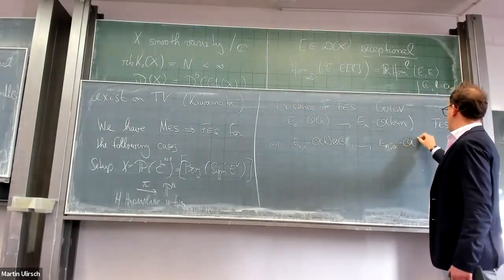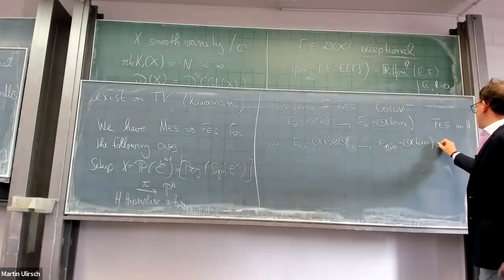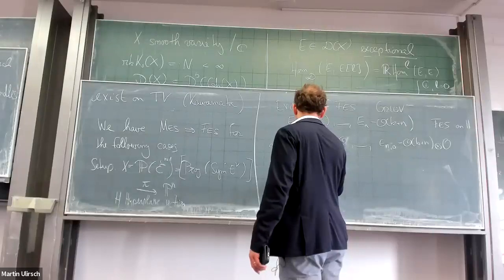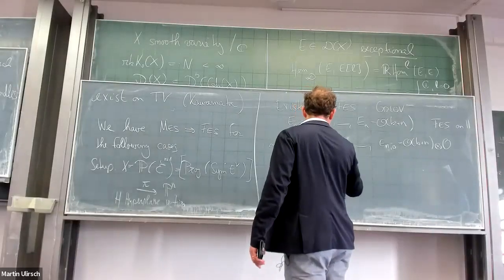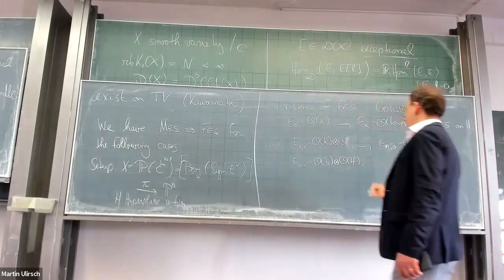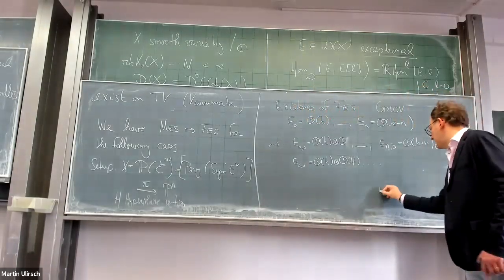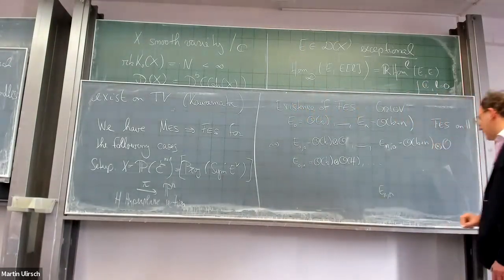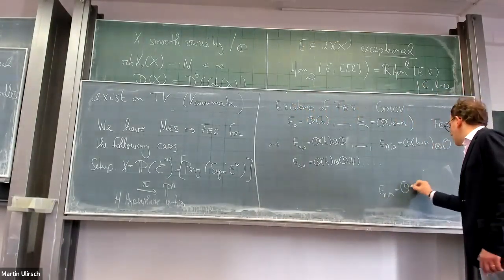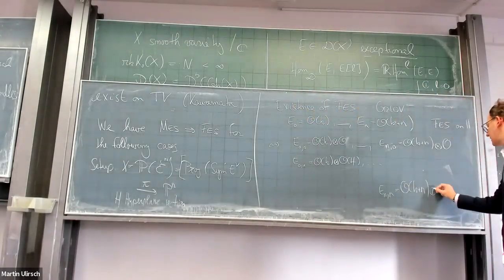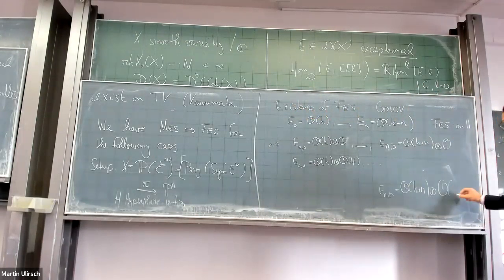You probably got the logic already. And then I start the tensor with O(H) and so on until I reach, okay, I hope I'm not mistaken, I think O(r) tensor O(H).